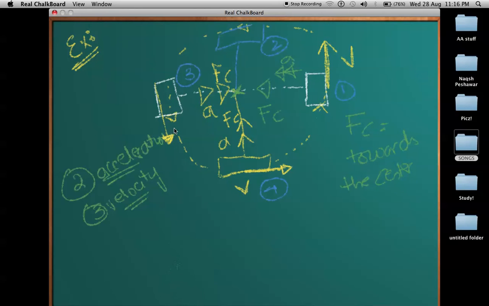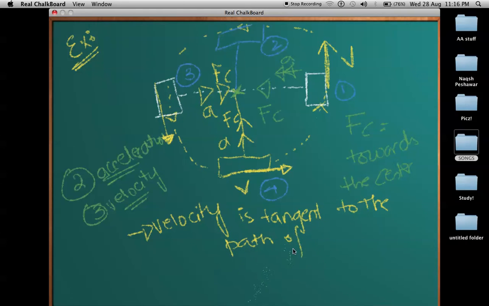So always remember that velocity is tangent to the path of orbit. Acceleration and net force will always be towards the center, while the velocity is always tangent to the path of the orbit.